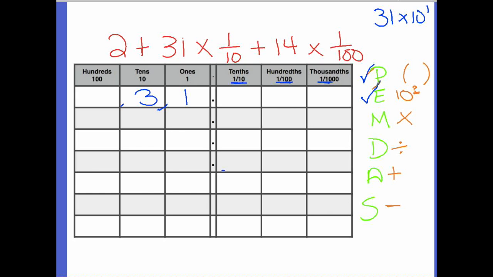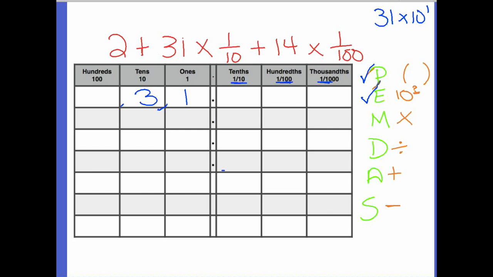So on 31 times 1/10, what do you think I'm going to do with that number? If I moved it to the left one place when I multiplied by 10 to the power of 1, what am I going to do with it this time? If I do it times 1/10.